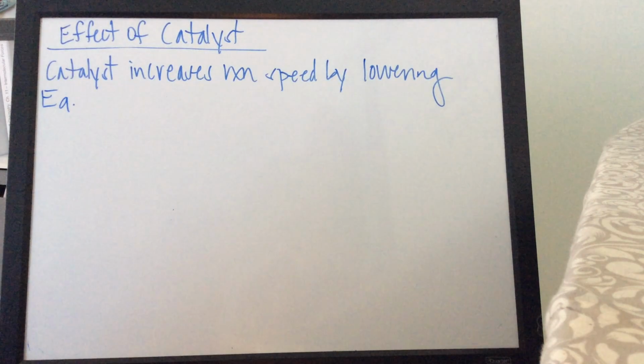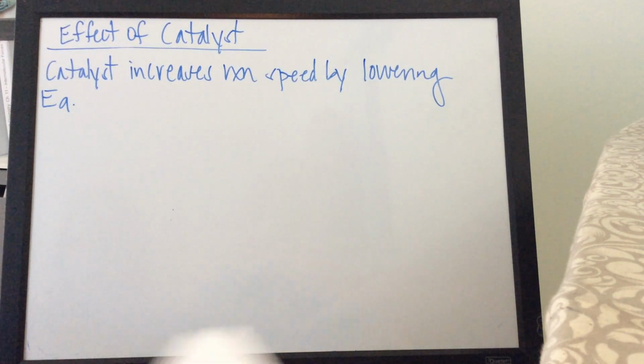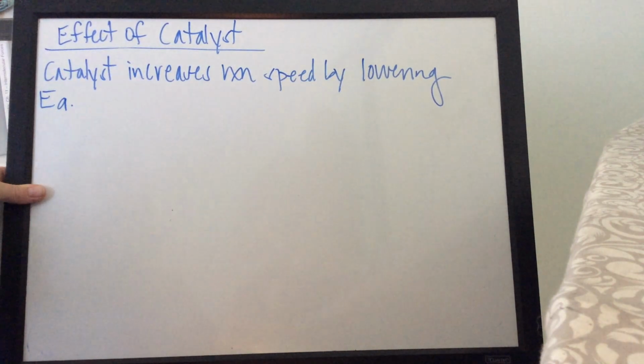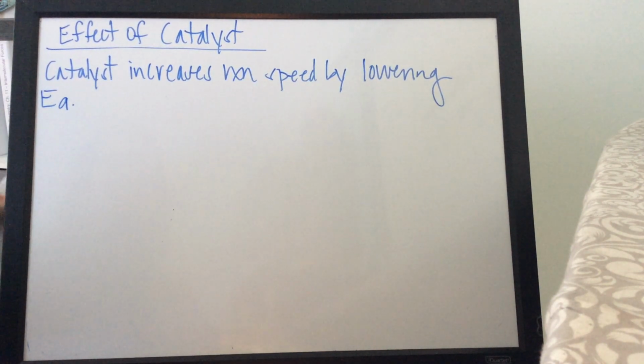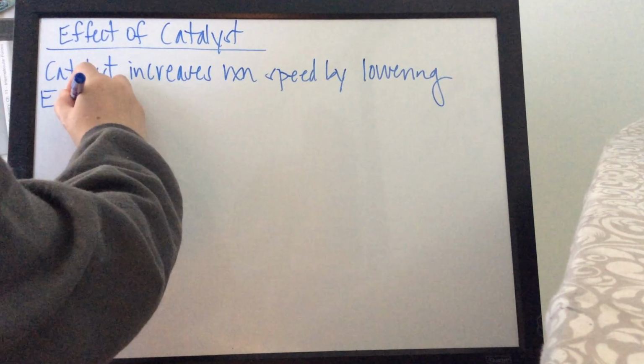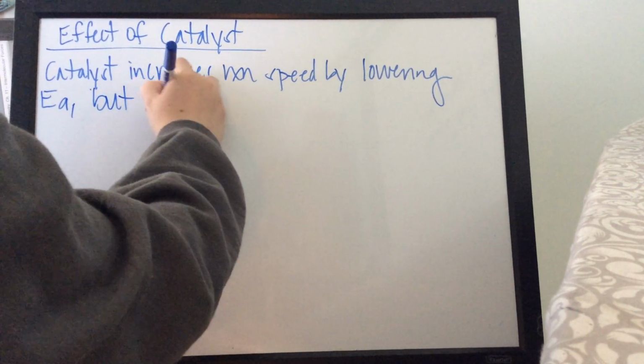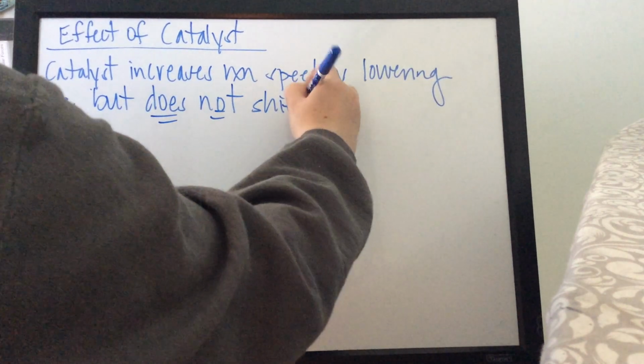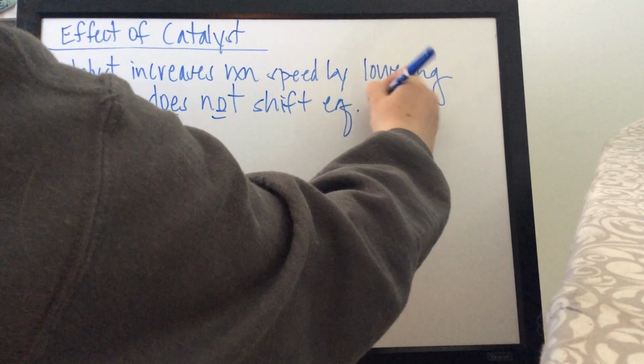Lowers the hill, so to speak. But the big takeaway, and that's not a Q, oh my gosh, that's EA. So a catalyst increases the reaction speed by lowering activation energy, but does not shift the equilibrium position.